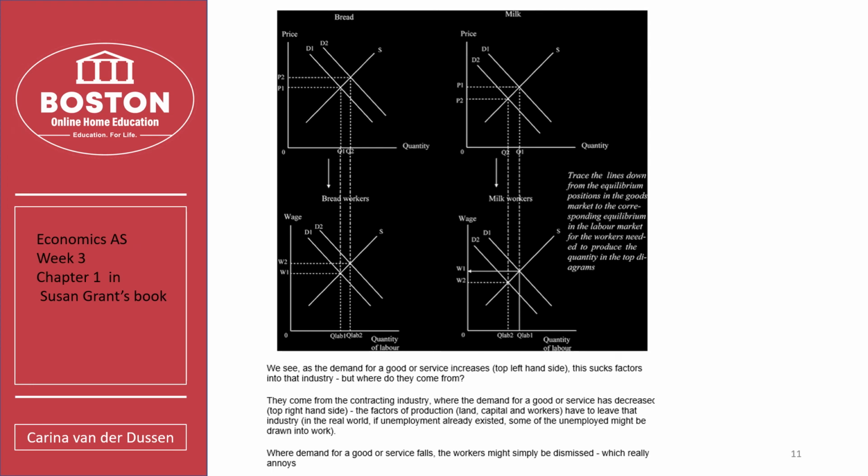So there is a summary of what happened to first bread and milk, and then this is the goods market, and then the labor market, because the labor market depends on how much goods people want.